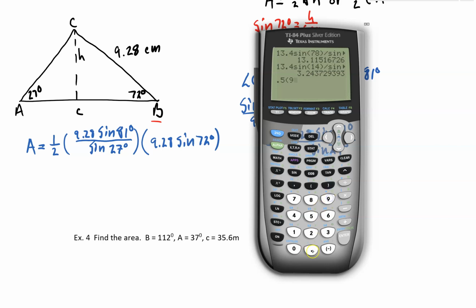So in the first one, 9.28 sine of 81 degrees, close that, and then divide all of that by sine of 27 degrees, close that one, and then close it again because that's the end of that one. Then open up a new one, 9.28 sine of 72 degrees. Close that, close the last one, hit enter, and you should end up with an answer.